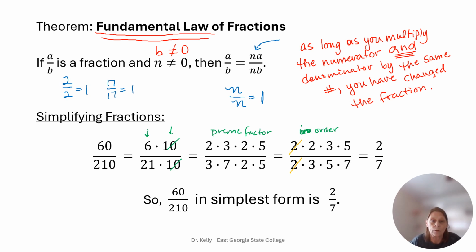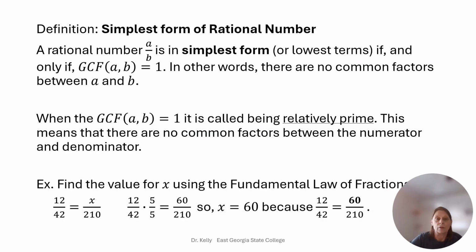Those cancel out because they're equal to a fancy 1. We have 3 on top and a 3 on bottom. Those also cancel out because that makes a fancy 1. And we have a 5 on top and a 5 on bottom. Those two cancel out and make a fancy 1. We are just left with 2 on top and 7 on the bottom. So 60 over 210 in its simplest form is 2 over 7.